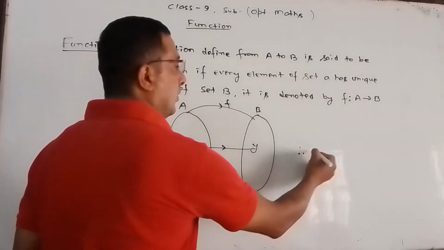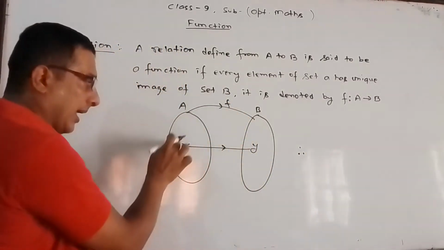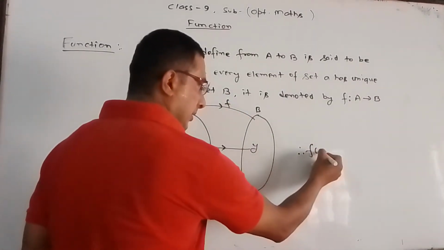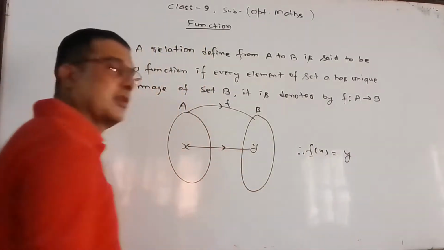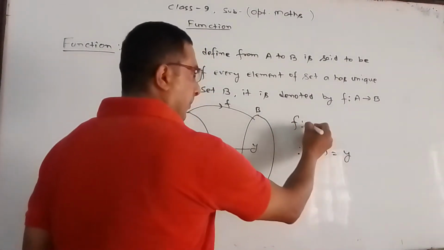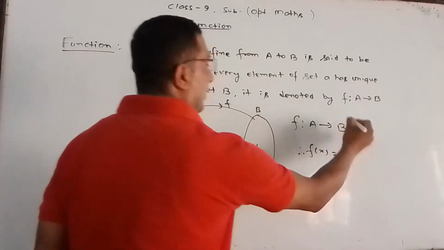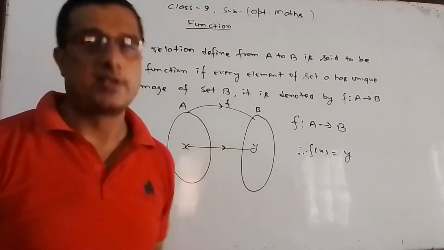Therefore, f(x) is equal to y, and f maps A to B. It is our complete definition.